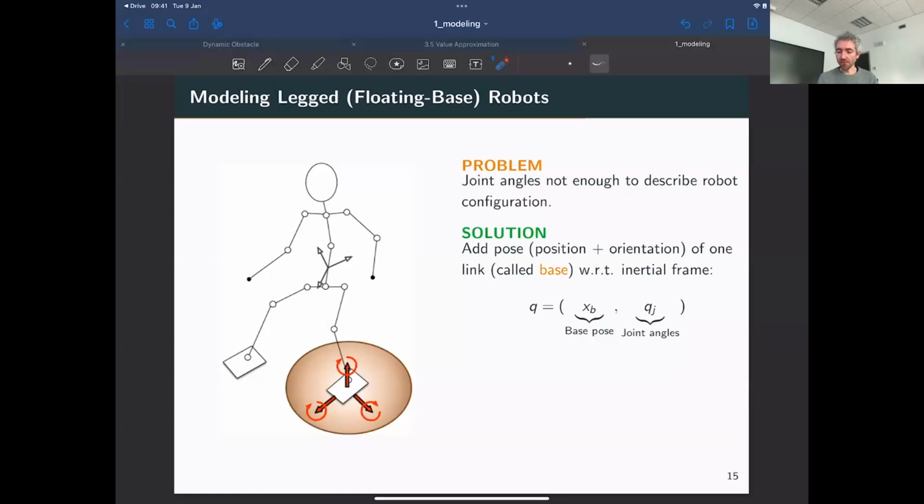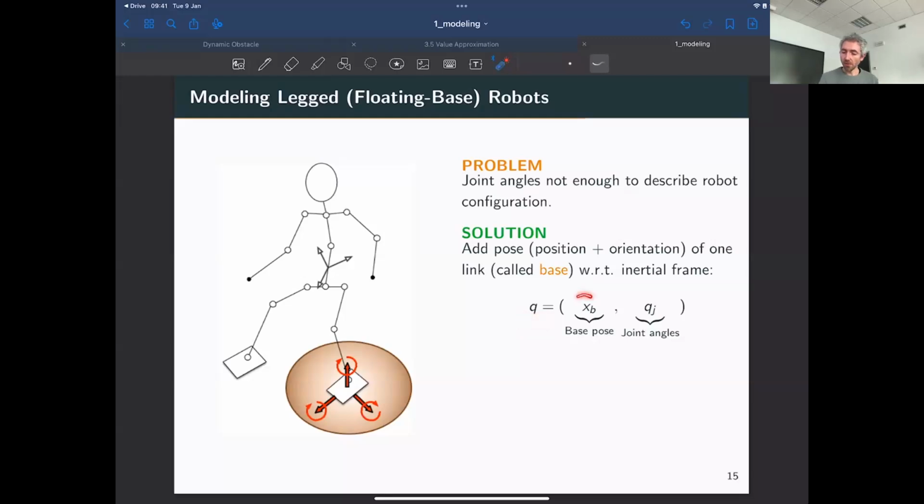And this extra information is going to be called XB. That's the pose of the base. Whereas the vector of joint angles, we're going to call it QJ. So putting these two together, we recover the whole configuration vector Q.